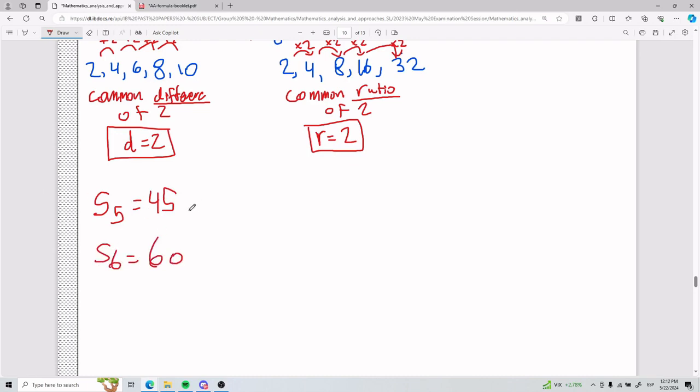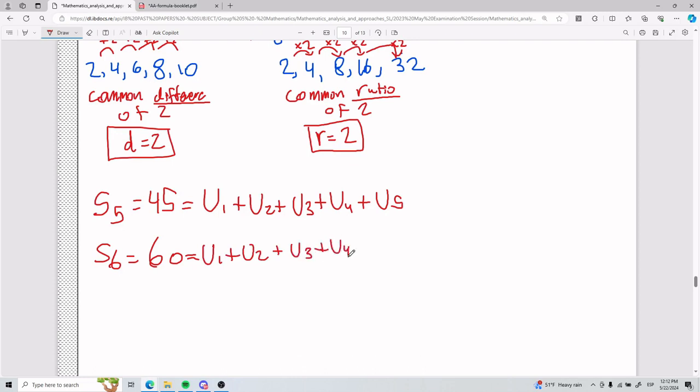Now, S of 5 is the sum of the first 5 terms: the first term plus the second plus the third plus the fourth plus the fifth. While S of 6 is the first plus the second plus the third plus the fourth plus the fifth plus the sixth.